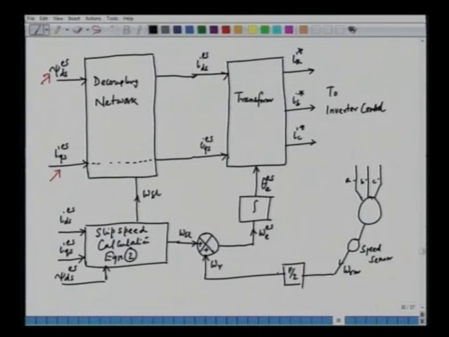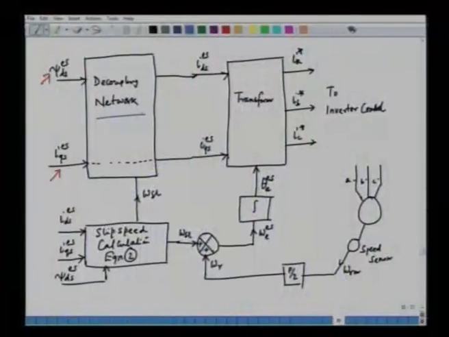And this is fed here, and this is added with the slip speed to obtain the speed of the stator flux vector, that is omega E superscript ES, and integration of that will give us the angle of the stator flux vector, and the angle in this case can be used to transform IDS and IQS into IA, IB, IC, which will be impressed onto the machine by using the inverter.